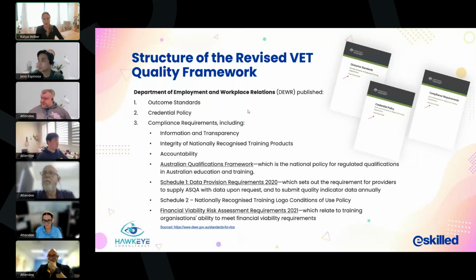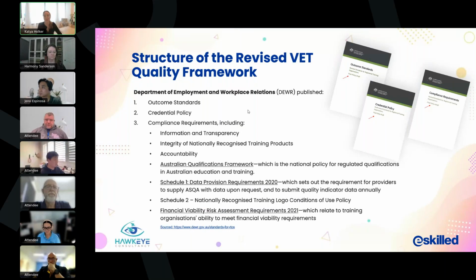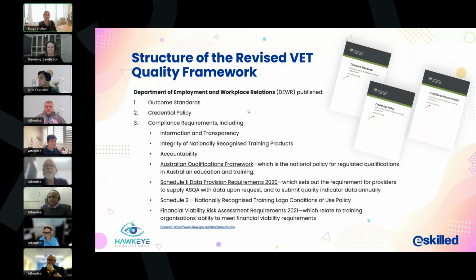Then we have the credential policy, which feeds into quality area 3, which is the VET workforce, and also into quality area 1, looking at validations, and in particular the credentials which people who deliver training and assessment services or undertake validation activities need to hold.